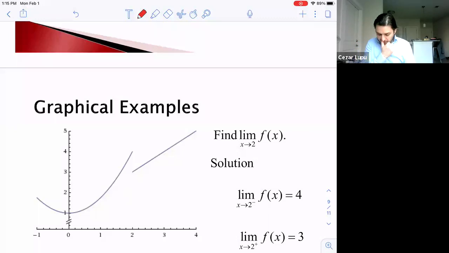You see the number 2 is right here. We'd like to see what kind of value this will be as x approaches 2. This is what I'm interested in. Is it here? Is it there, or maybe it's here? So what do you think?